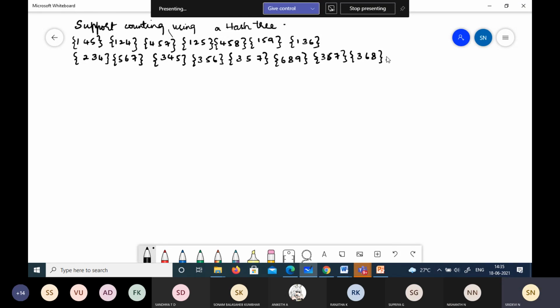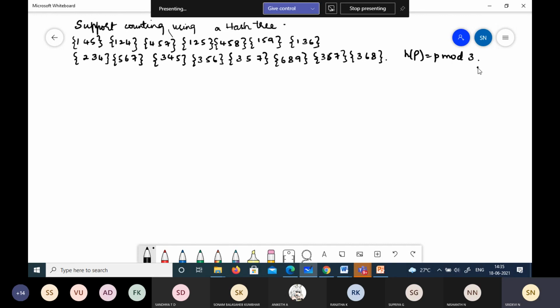So we need to hash these in the hash tree by using the function H of P equal to P mod 3. Okay, so we'll start hashing. First we find out which forms the left child, middle child and right child.